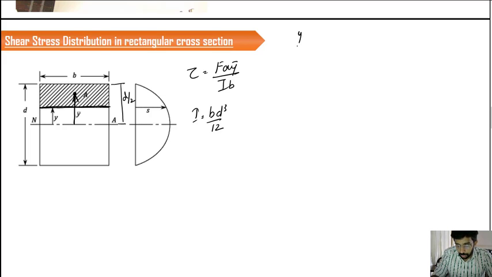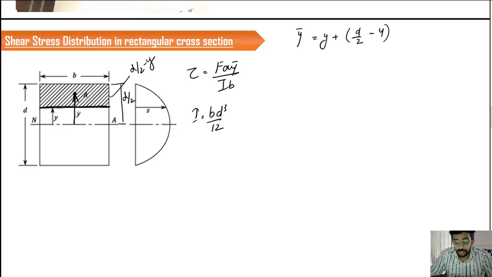So let us first define the value of y bar. y bar is equal to y plus (d by 2 minus y) by 2. Here d by 2 minus y is this distance, and half of this value is going to be added to y to get the value of y bar.